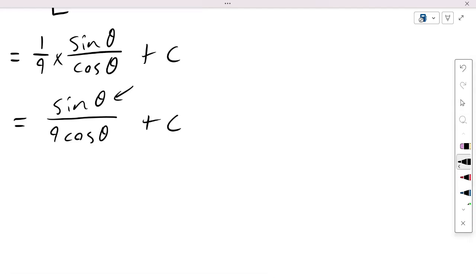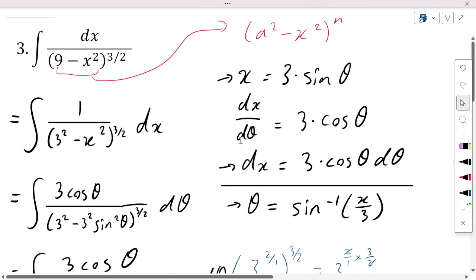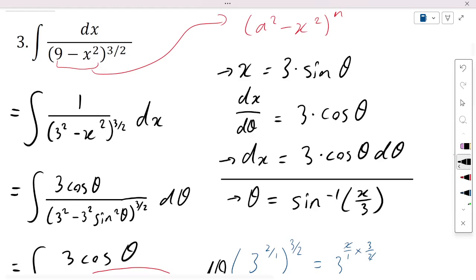We know that sine theta is actually just going to be equal to, okay, let me just write it here. Sorry, I skipped to this. That's why you don't have it.